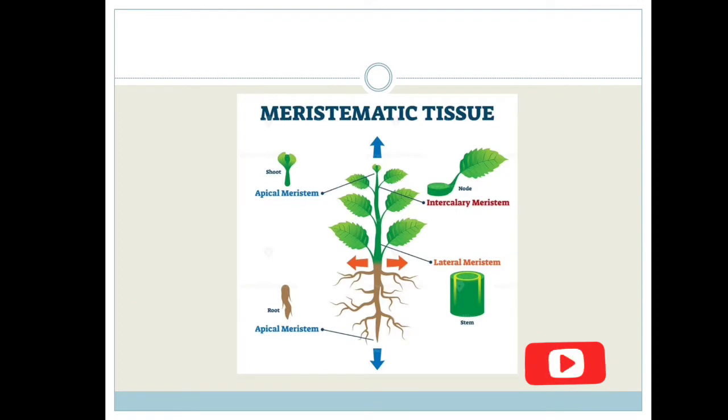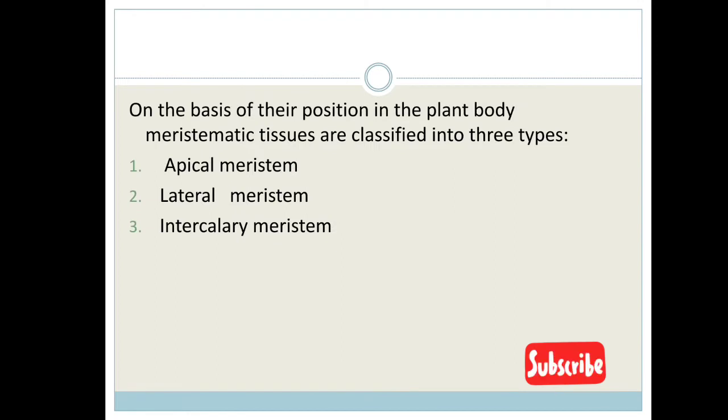You can see here in the picture, this is the meristematic tissue. Now we will know about this meristematic tissue broadly. On the basis of position in the plant body, the meristematic tissue is classified into three types: the apical meristem, the lateral meristem, and the intercalary meristem.